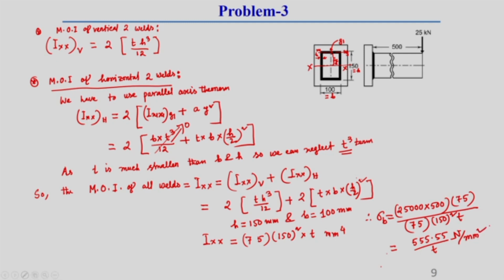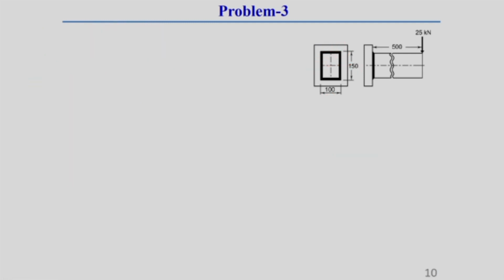Now, we will use the third step, which is to find the maximum shear stress. The maximum shear stress is very well known to you, how to find it. Tau max equal to generally the square root of (sigma b by 2) whole square plus tau 1 square.